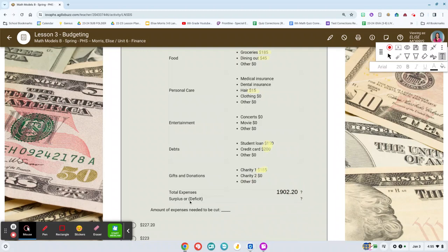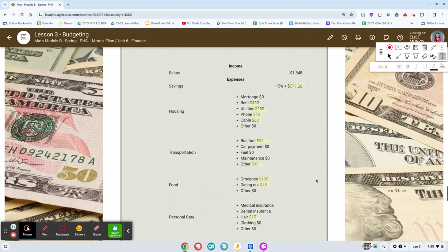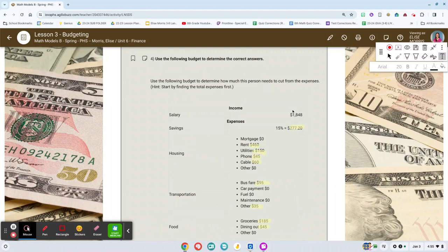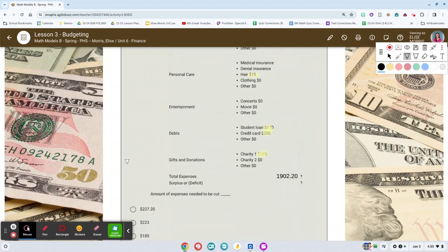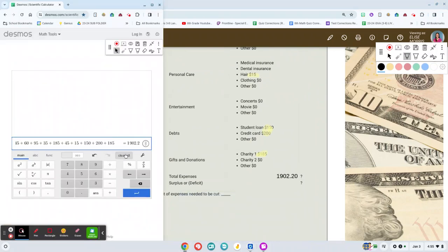Okay, surplus or deficit. Well, for that, we need our income. This is how much we owe. This is how much we make. So we need to take our income and subtract our expenses. So let's come down here. Let's take our income, $1848, and we're going to subtract our expenses.